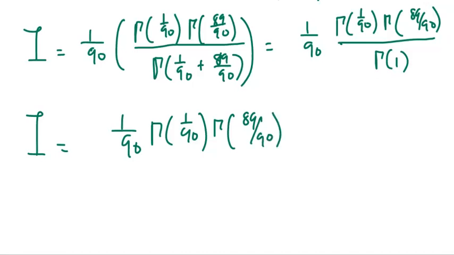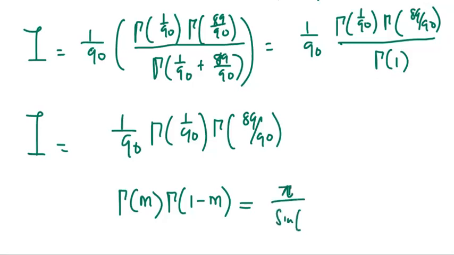Now, what are we going to do from here? We're going to recall the Euler reflection property. So we have that gamma of m multiplied by the gamma of 1 minus m is equal to pi divided by sine of pi m, which is similar to pi CSC of pi m. You get the idea?